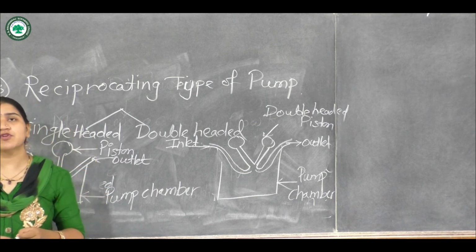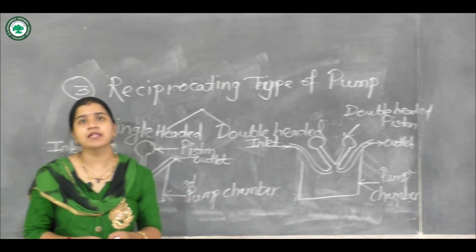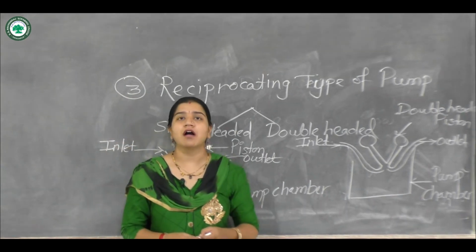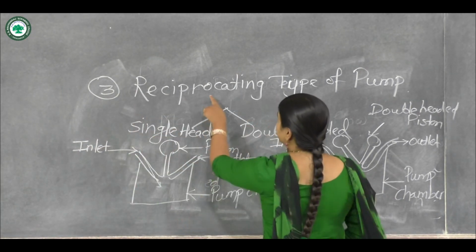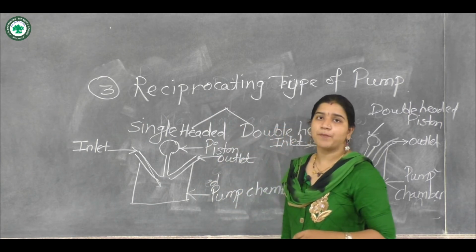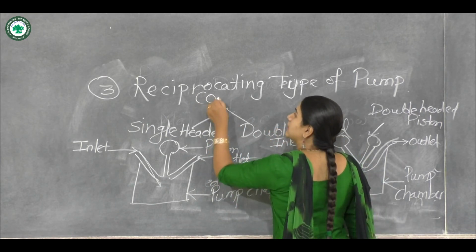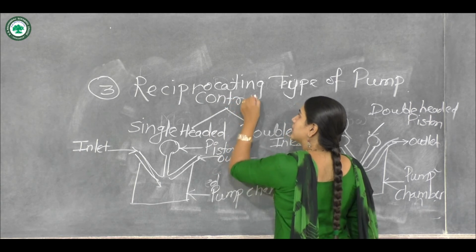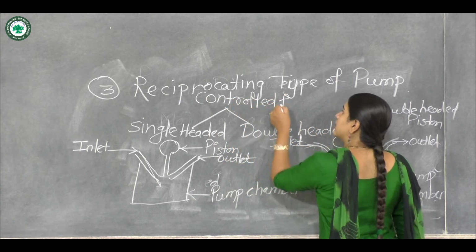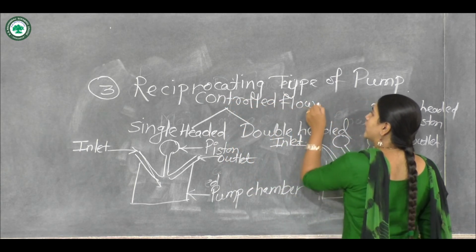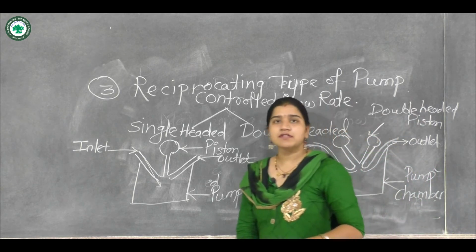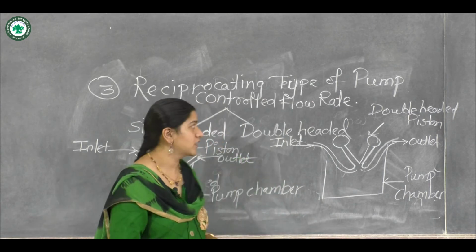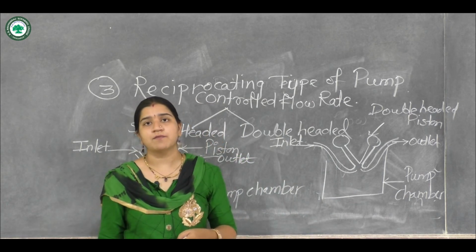Now in the reciprocating type of pump, again you are using a controlled flow rate of the solvent. This is the main characteristic feature of the reciprocating type of pump.